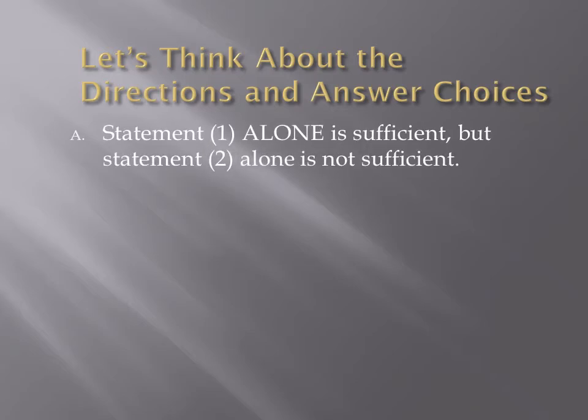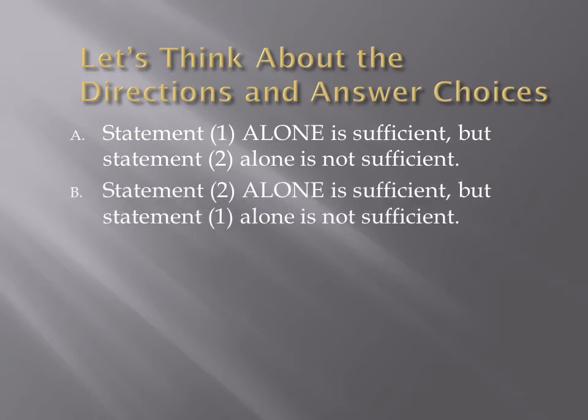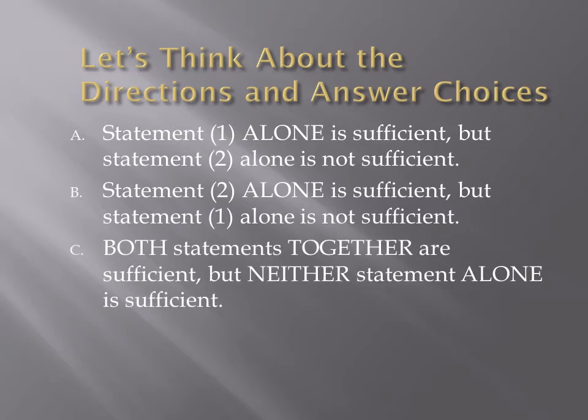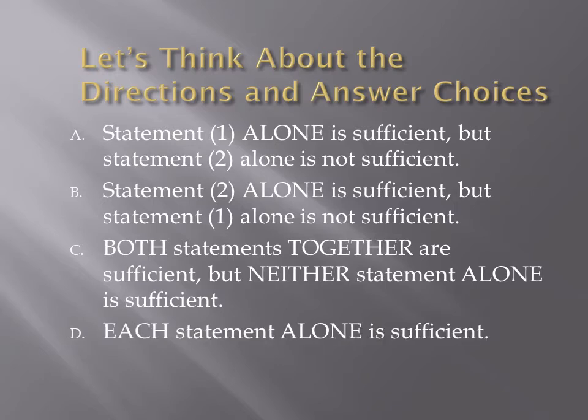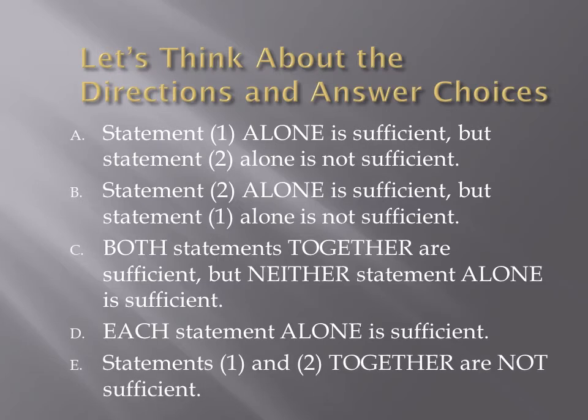Answer choice A is always statement 1 alone is sufficient, but statement 2 alone is not sufficient. B, statement 2 alone is sufficient, but statement 1 alone is not sufficient. C, both statements together are sufficient, but neither statement alone is sufficient. D, each statement alone is sufficient. And E, statements 1 and 2 together are not sufficient.